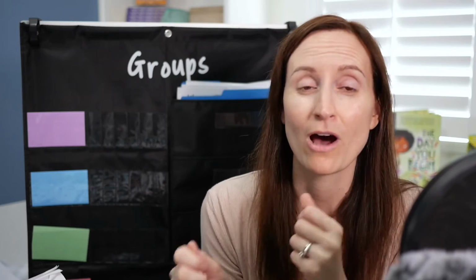So it doesn't need to be anything too complicated, but again, things like color by code, sorts, any gamification you can do, or just bringing in things like picture books and passages you've used in the past can be really great ways to fill in your centers with really awesome practice for your students, and really good opportunities for them to keep practicing those skills that you're working on in your class.